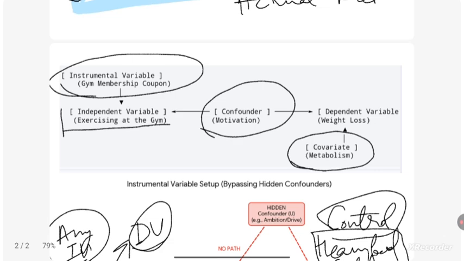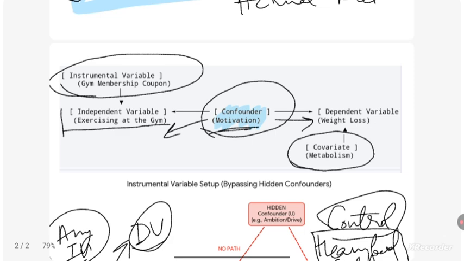A confounder is something which affects both the independent and dependent variable. So you see, inner motivation of a person in this case acts as a confounder, right? So that leads a person to go to the gym, exercise at the gym, and lose weight.